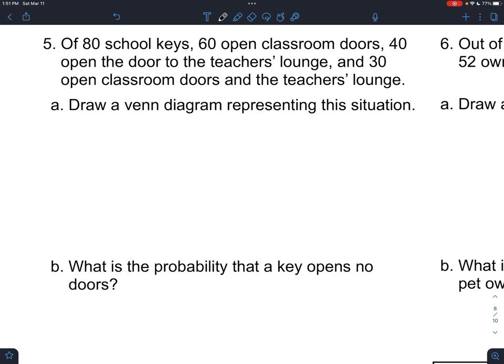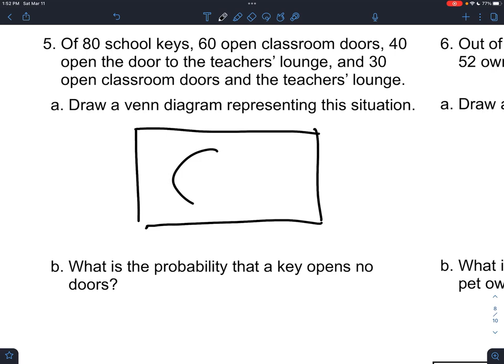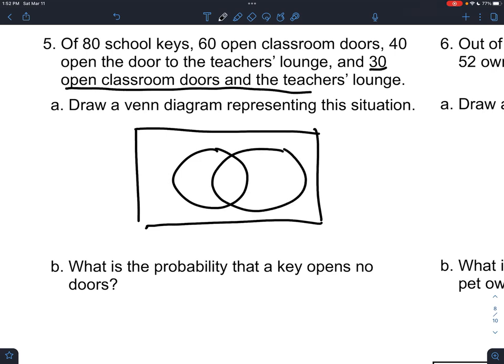Okay, so that one wasn't quite as interesting because there wasn't any overlap, but this one does. If we have some keys at school and 30 of them open both the doors to the class and to the lounge, and there's 80 keys total, and 40 open the lounge and 60 open classrooms.